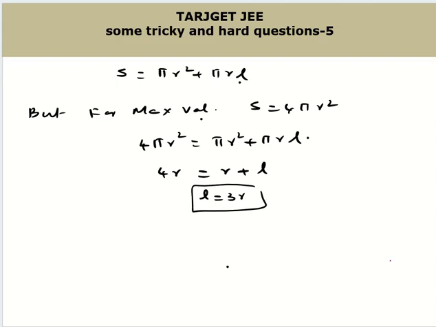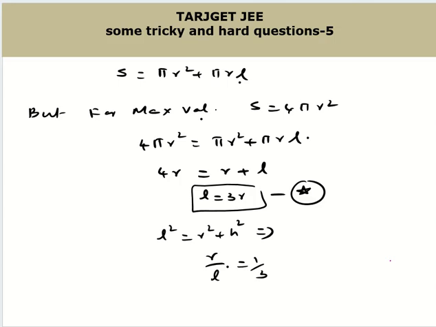So what is h? L square is equal to r square plus h square. We need sine inverse. Sine is going to be opposite side by hypotenuse. I think we have got the answer from this result itself. So r by L is equal to 1 by 3.